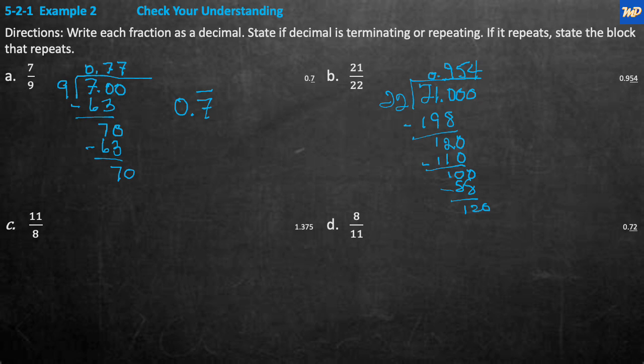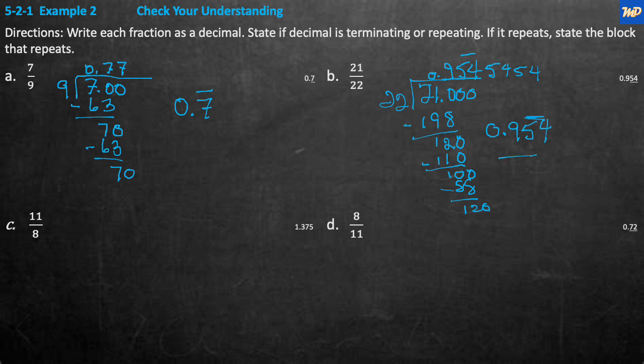So now we're back to the 12 right here. We're doing the same thing over and over again. We repeated. We're back to the 12. We're going to get the same pattern over and over. So that means you're going to have a 54. The repeating pattern is the 54. So the answer is 0.9545454, and the 54 is the repeating piece.